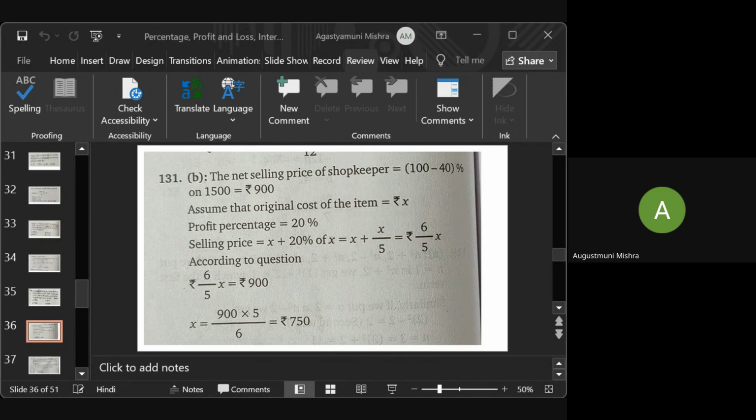When the marked price is given in the question, you use the formula: selling price equals marked price into 100 minus discount percent upon 100. So first you subtract the 40% from 100. Then in that formula, when you put all these things in, which I will again repeat, selling price equals marked price into 100 minus discount percent upon 100, you will get the 900 method.